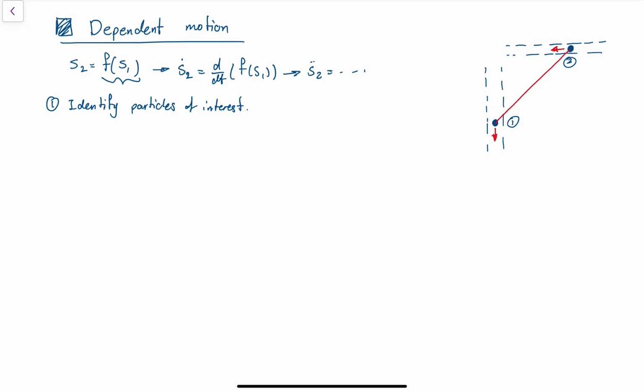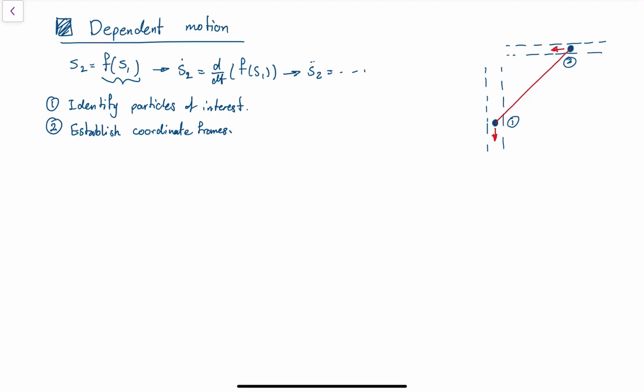So I want to find the relationship between these. Step number 2 is probably one of the most important one. Establish some good coordinate frames. And when doing that, we should use our intuition about the physics, the kind of motion that happens.